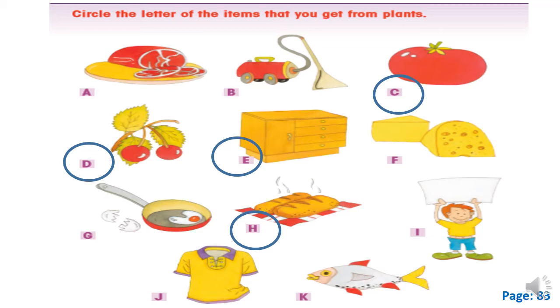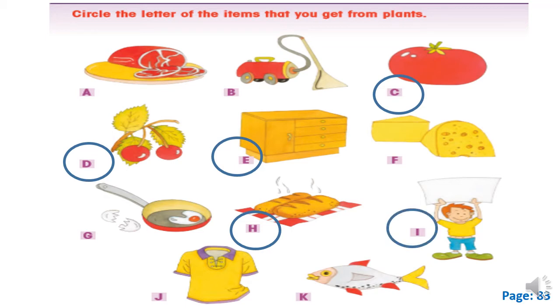Plants can help us to make furniture, to make papers, for example, the rubber tree, to make rubbers in order to make erasers, and to make pencils. So, plants can help us excellent to make paper, so I have to circle it.